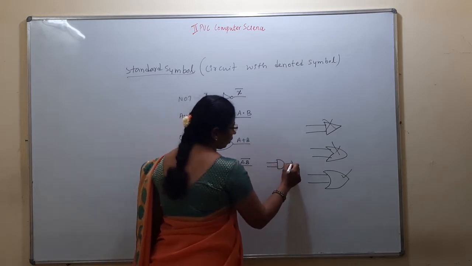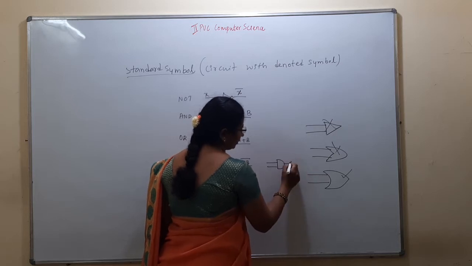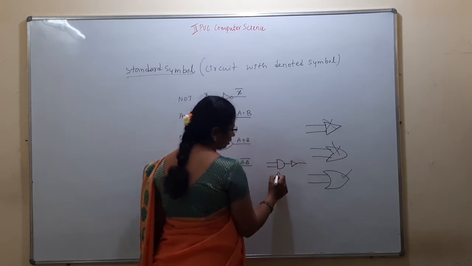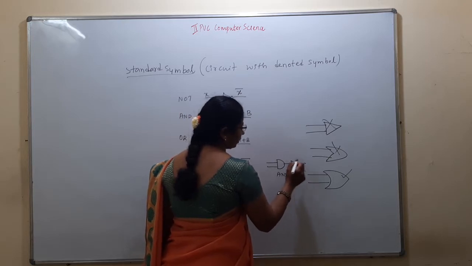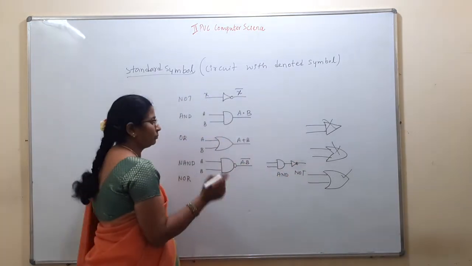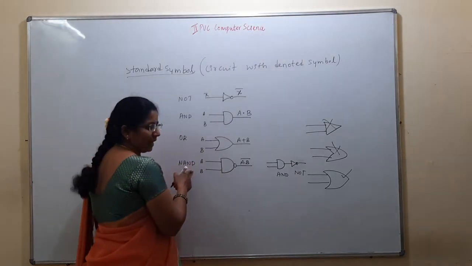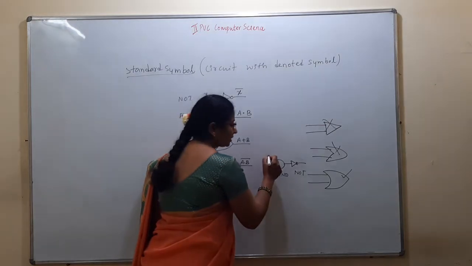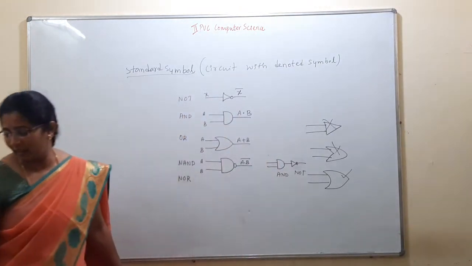This is a combination for the explanation we have given. It is a combination of an AND gate and a NOT gate. We gave this only for your understanding. If you are writing the circuit for NAND, this is the NAND symbol, not this one. This is correct, but it is a combination, not exactly the NAND gate.